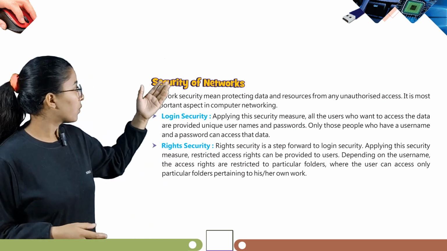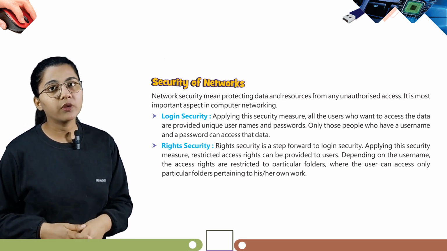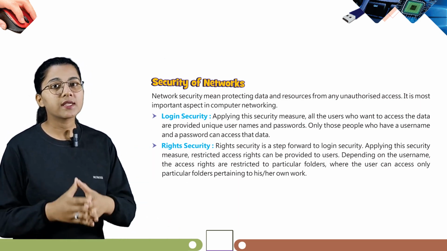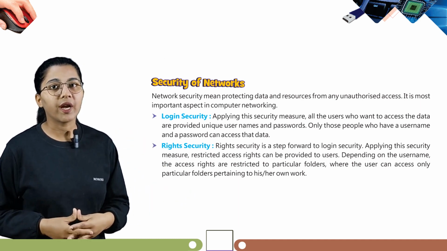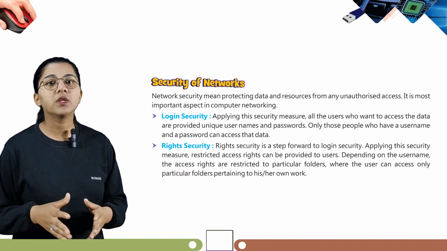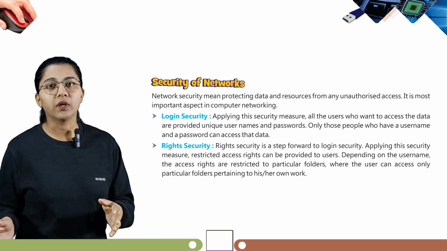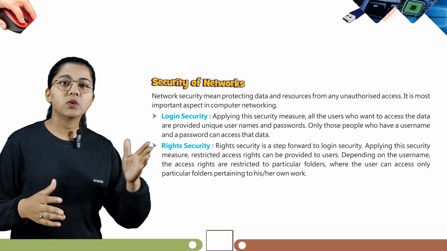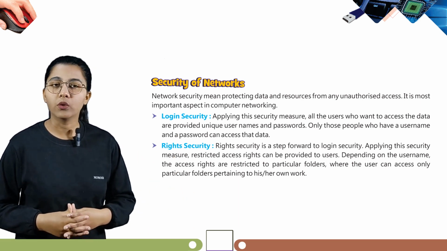Now we have write security. Write security is a step forward to login security. Applying the security measures, restricted access rights can be provided to users depending on the username. The access rights are restricted to a particular folder, where the user can access only the folder pertaining to his or her own work.